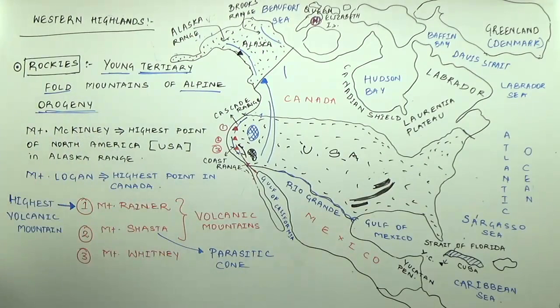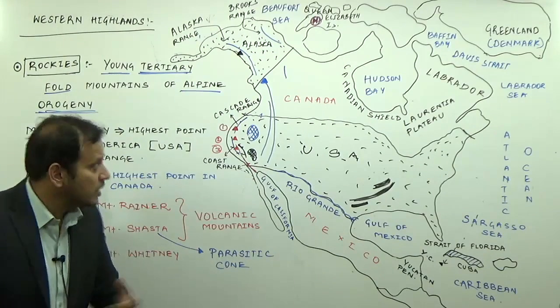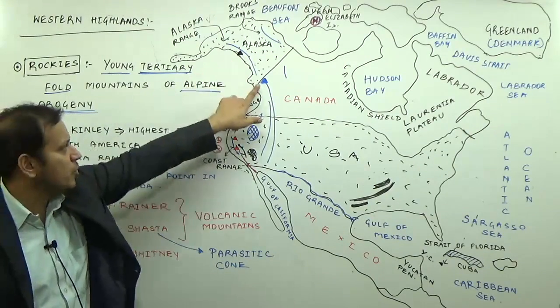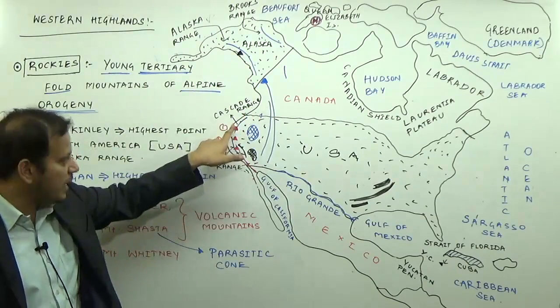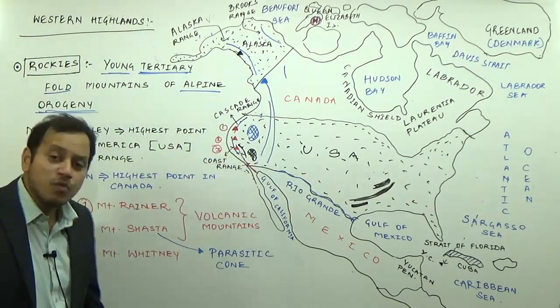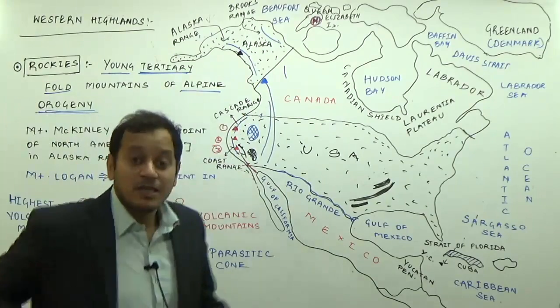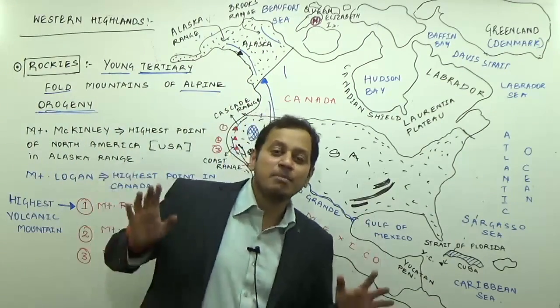In ascending and descending order: Mount McKinley, Mount Shasta, Mount Rainier, Mount Shasta, and Mount. That is the only thing you should remember.